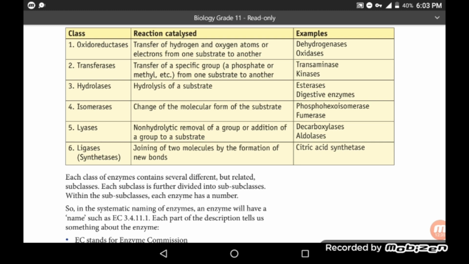Number five is lyase enzyme, involving non-hydrolytic removal of a group or addition of a group to a substrate.